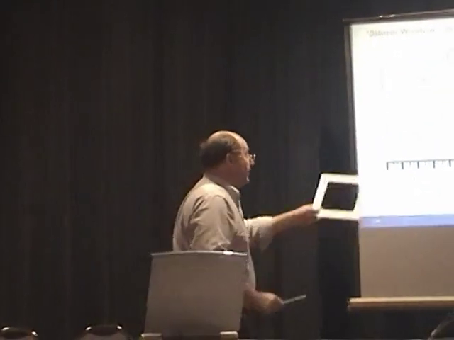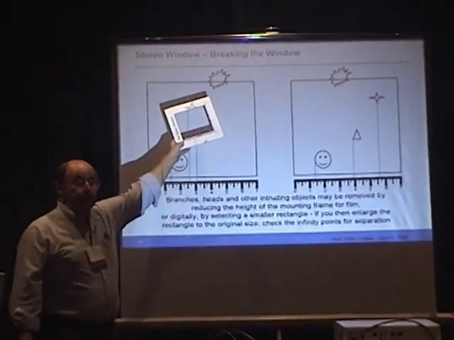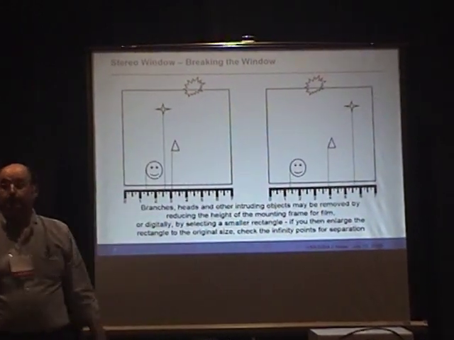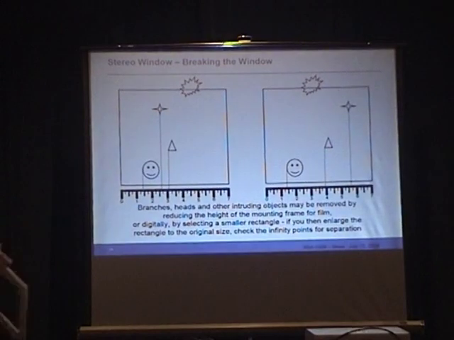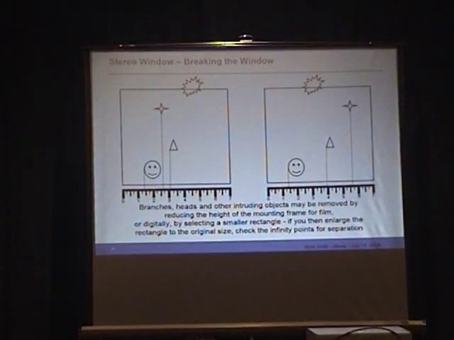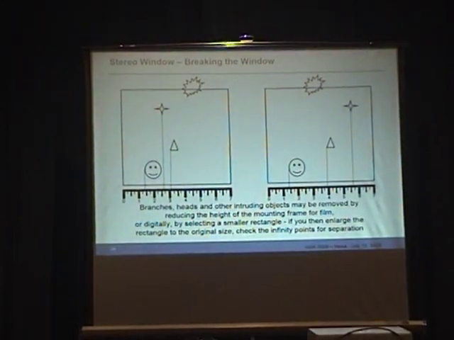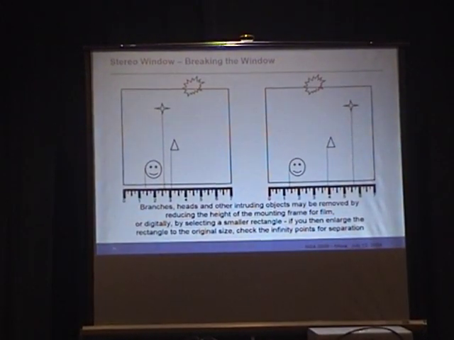So if you got a big old honker tree up here and you do that blow up, you're going to be creating infinity points that are pretty far apart. And because it's all automatic, a lot of times you don't even notice it because it's so easy. So be careful.